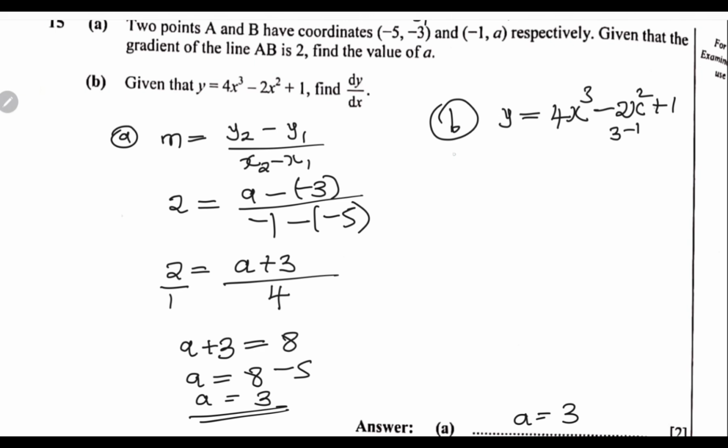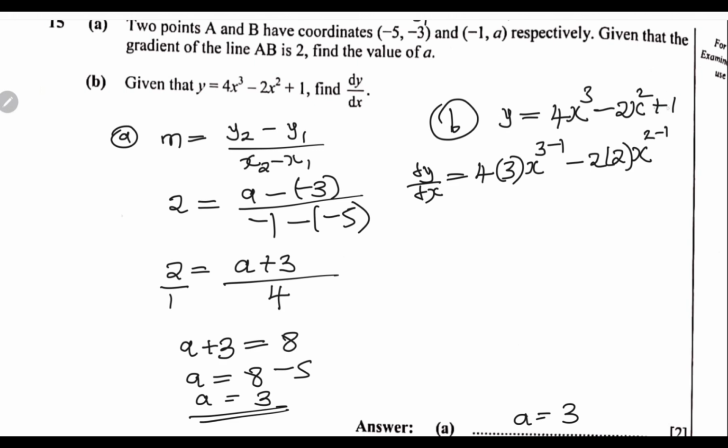So for us to find the dy/dx, we are going to say dy/dx equals 4. You multiply the 4 with the power there, which is 3, then x to the power 3 minus 1, then minus 2, again the 2 multiplies the power there, which is 2, then x to the power 2 minus 1.